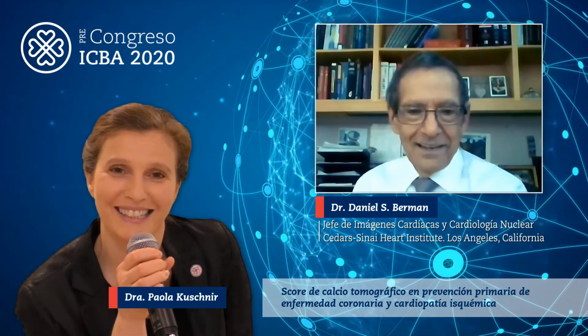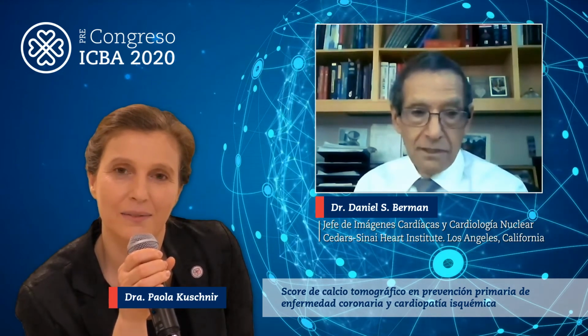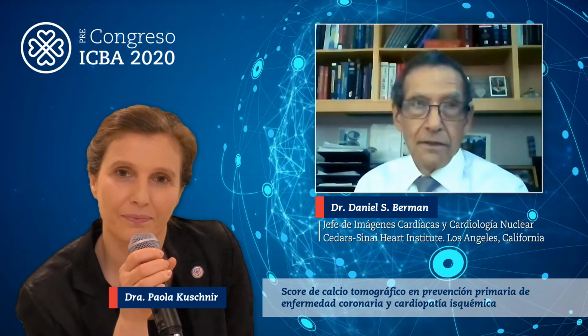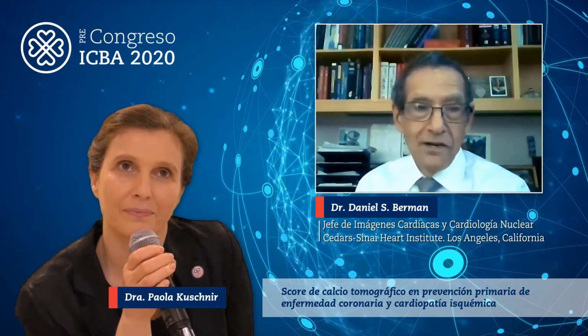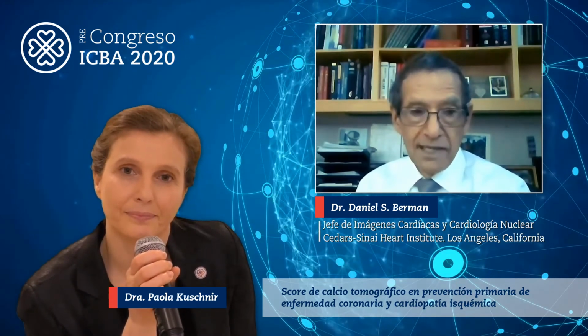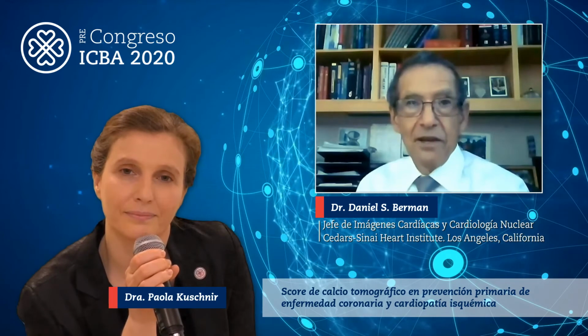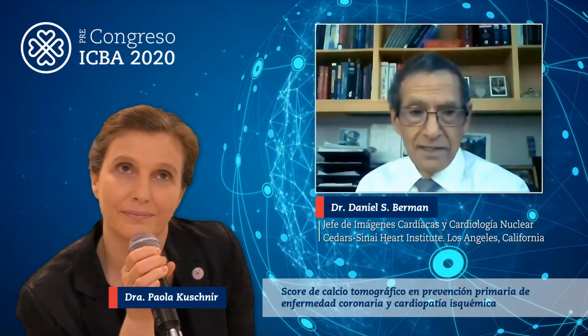I believe that if the score is in the range of 400 to 1,000, then coronary CT angiography may be the best additional test to see if there is functionally significant disease.